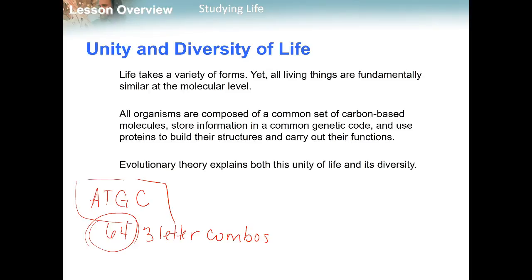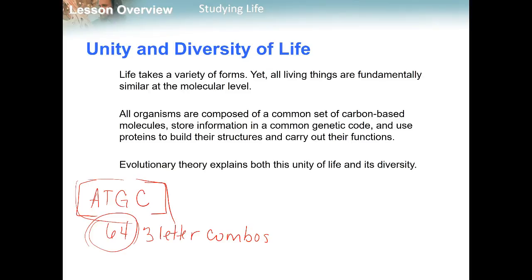As you look around at your friends, that's why you all don't have the same nose shape and the same hair color and the same eye color, because of the way the A's, T's, C's, and G's can be arranged. But yet you're united because we're all made up of these A, T, C's, and G's.